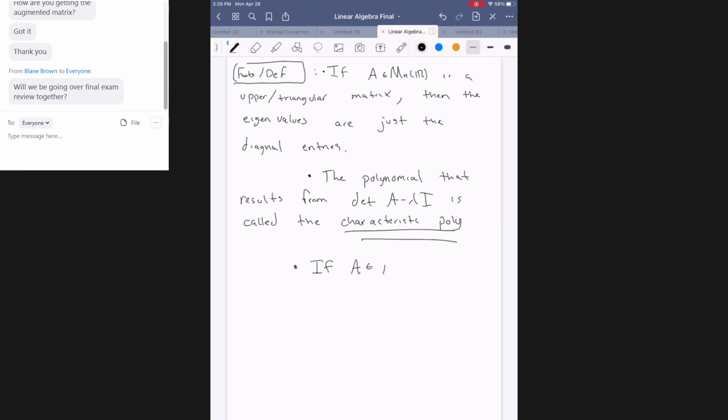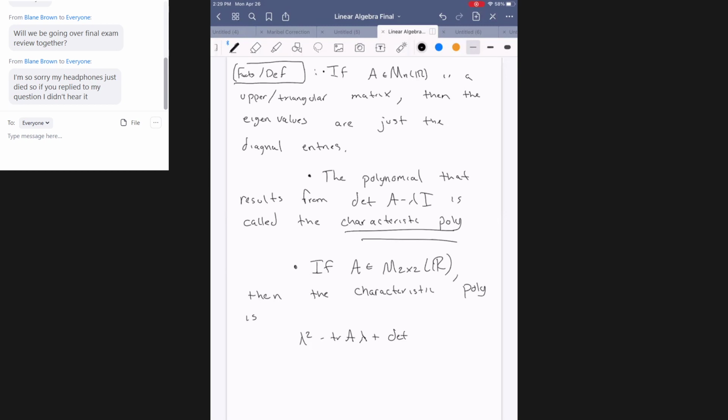So if A is a 2 by 2 matrix, then the characteristic polynomial is given by lambda squared minus the trace of A times lambda plus the determinant.